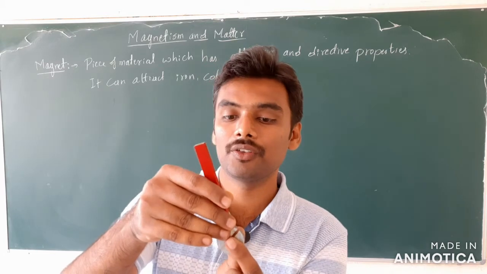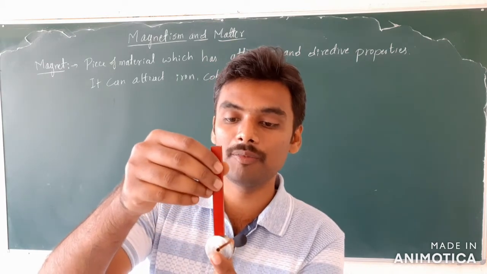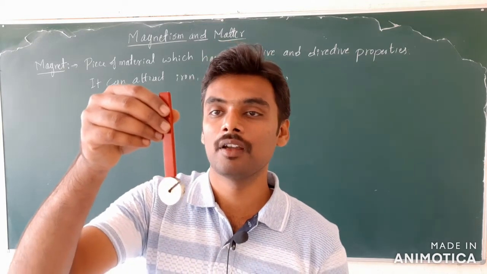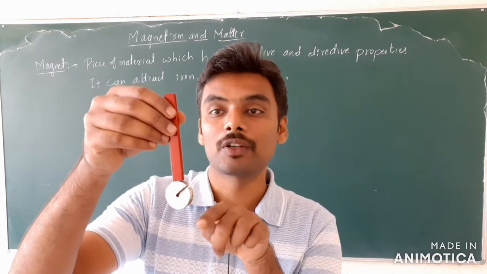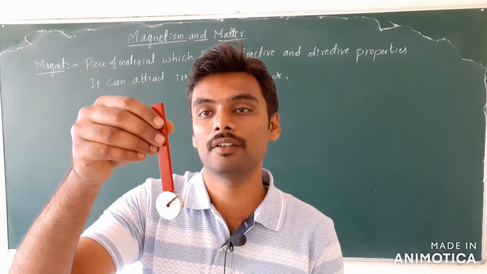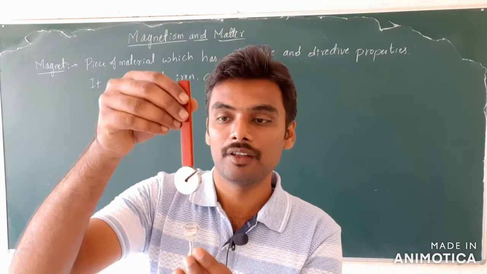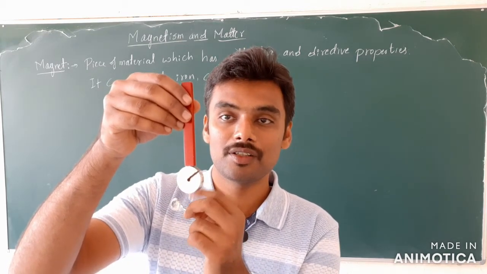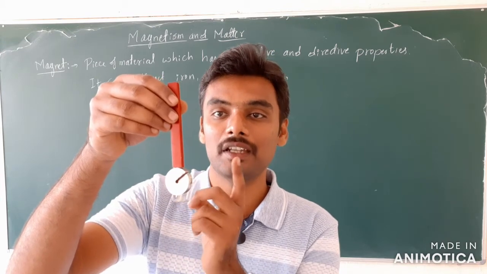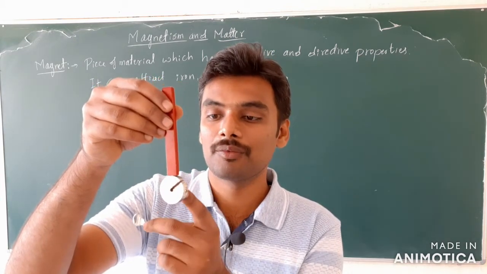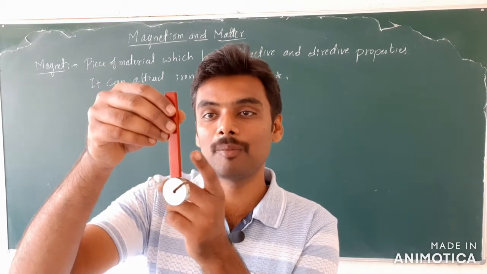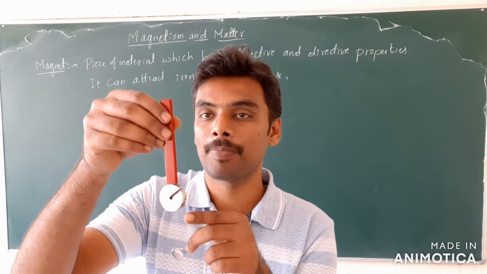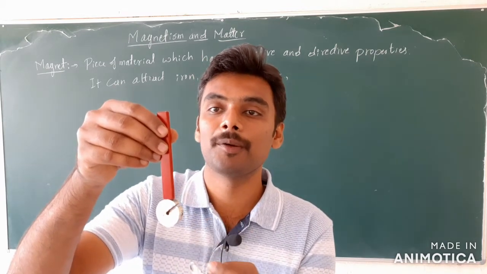And now once we make the magnet come in contact with the iron or this material, even this material has also acquired magnetic property now. Okay. You want to see that? See, before this magnet was in contact with the weight, it was not magnetic in nature. But when this weight has come in contact with the magnet, it has also acquired magnetic property.